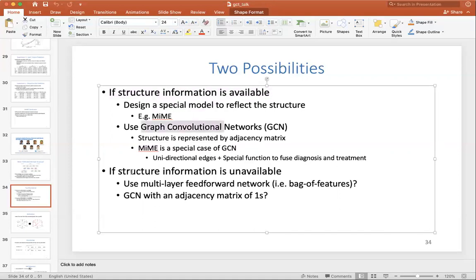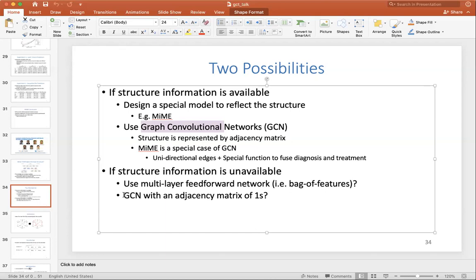If structure information is not available, what is your option? One is to use a multi-layer feed-forward network, just like before, with the bag of features or bag of codes approach. You treat a single visit as an unordered set of codes and add all of them together, or average the embeddings of all the codes.